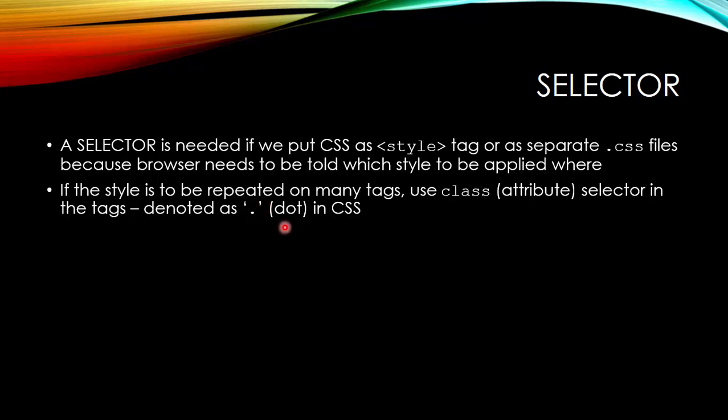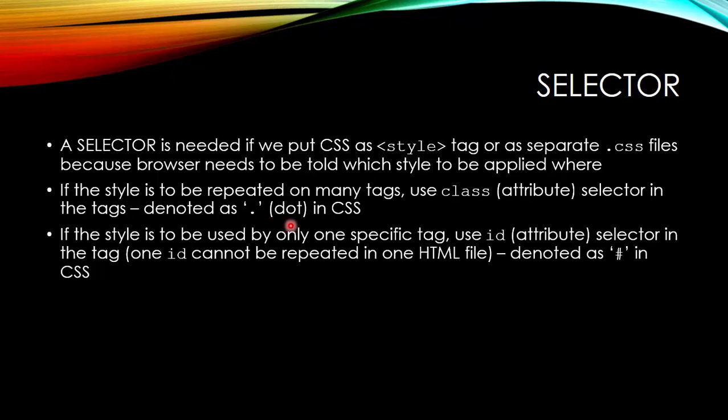Like just now was main title, we put dot main title in CSS because main title just now was a class. If the style is to be used by only one specific tag, we use ID attribute or selector in the tag. The ID must be unique in HTML file, and in CSS it is denoted with a hash.